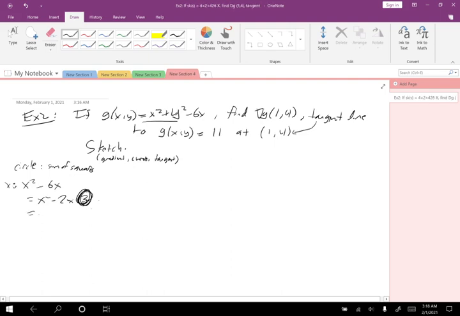So what I'm going to do is add a 3 squared, and subtract a 3 squared. So x minus 3 squared minus 9, that is x squared minus 6x. Therefore, g is x minus 3 squared plus y squared. That's our sum of squares.